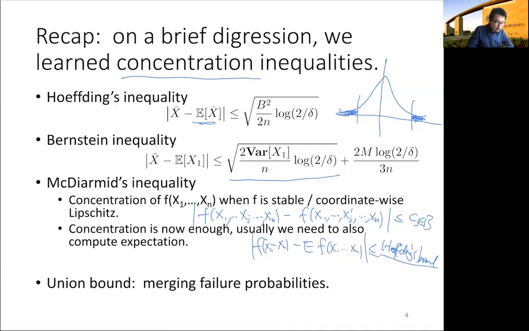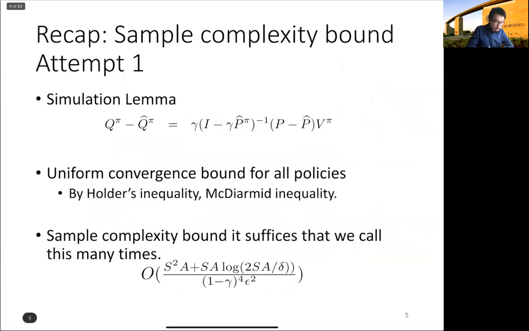Once we get over these concentration inequalities, we made use of them to analyze the sample complexity of the plugin estimator, through two different approaches. The first approach uses the so-called simulation lemma.